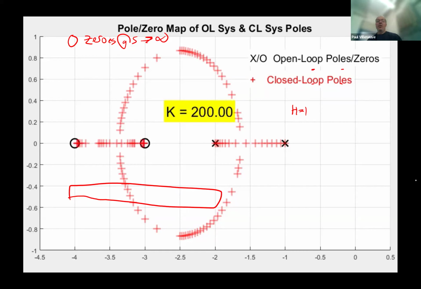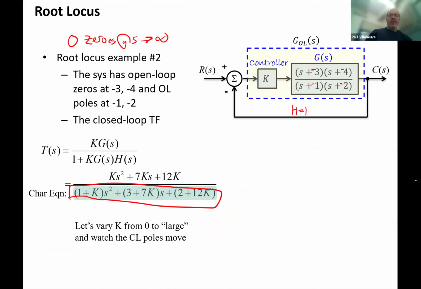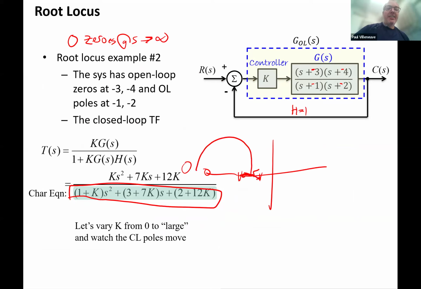All right. So even just by looking at this, I know that my pole zero map was doing this and doing this. And then I had to eventually come back this way and get back onto the real axis and terminate at those two zeros because of the rule of starting at a pole and ending at a zero, right?